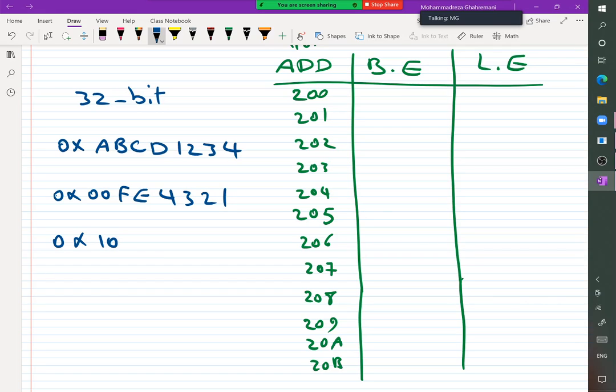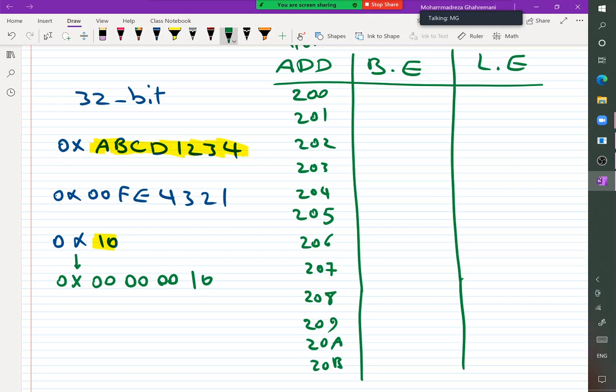Of course, each of these numbers is 32 bits. 1, 2, 3, 4, 5, 6, 7, 8: 8 times 4 is 32. What about 10? 10 is not 32 bits, so we need to convert it to 32. We can easily say this is equal to 0, 0, 0, 0, 0, 0, 10. It's the same, but now it's 32 bits.